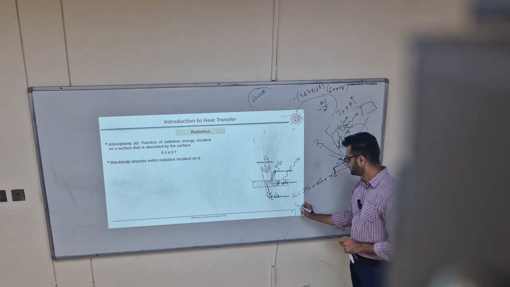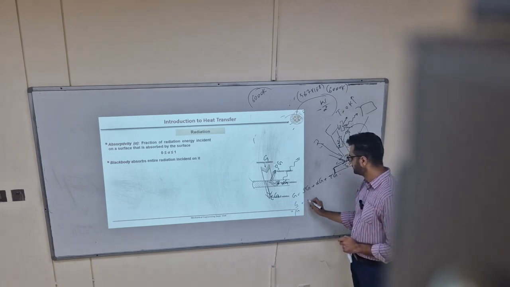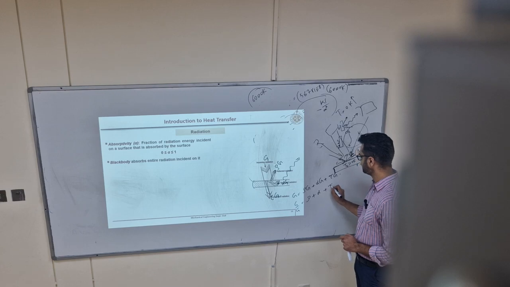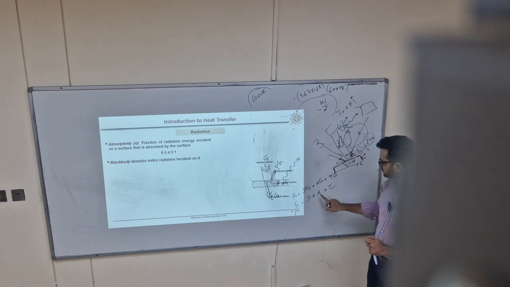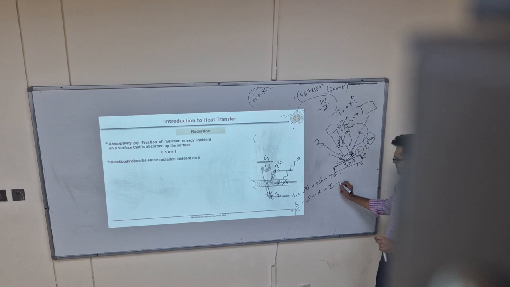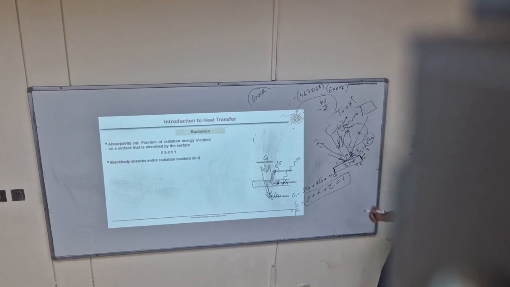Dividing by G, reflectance rho plus absorptance alpha plus transmittance tau is 1, for a body. So that's how we define absorptance.